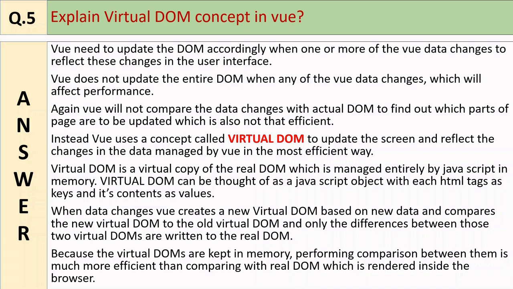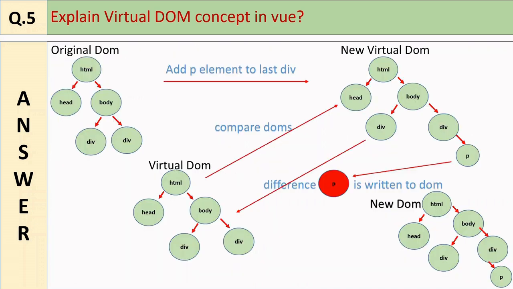Because the virtual DOMs are kept in memory, performing a comparison between them is more efficient than comparing with the real DOM, which is rendered inside the browser. The diagram shows a rough idea of how Vue uses virtual DOM to update the changes on the screen.